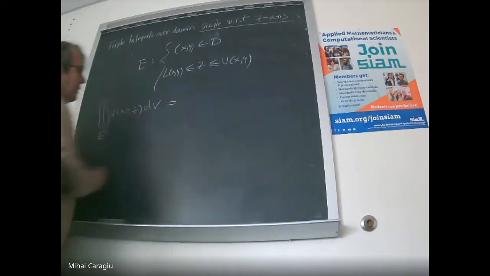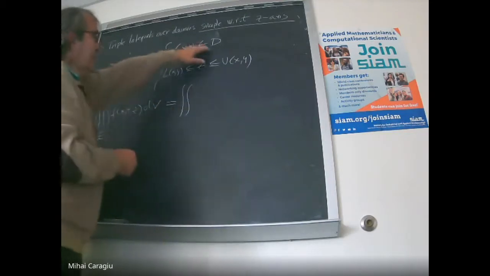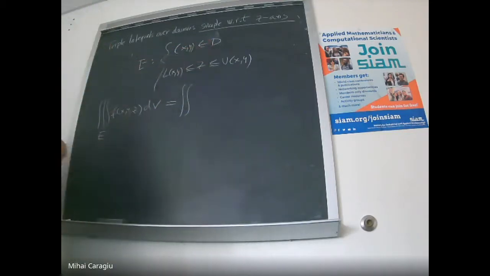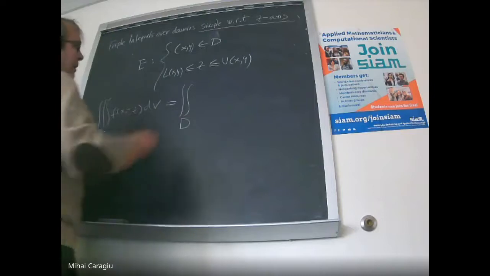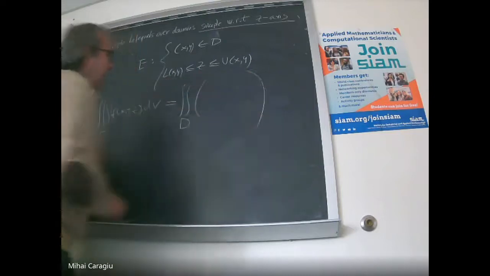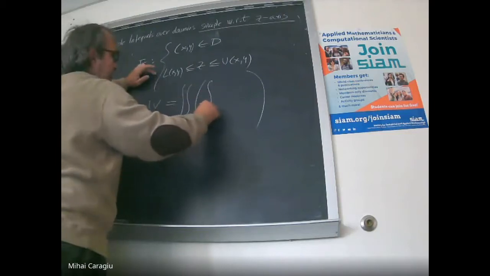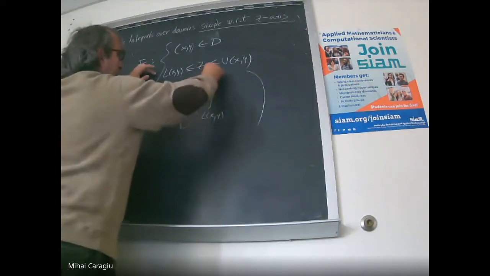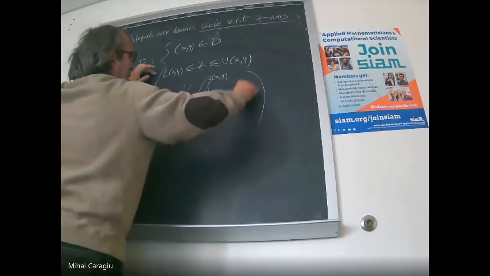So how to do this? As we discussed before, the process is from the inside out. So the last thing we'll do is a double integral. Double integral over what domain? It's pretty obvious; the best guess would be a double integral over D. Of what? What's the inner integral? Integral from lower to upper, from l of x and y to u of x and y, of f of x, y, z, dz.